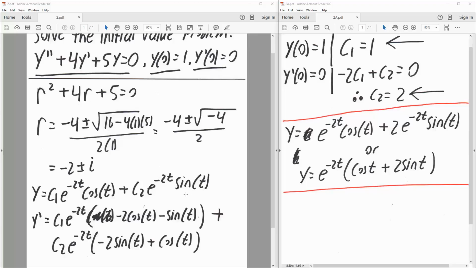But since we're given the initial values, we can actually get the values of c1 and c2. The next thing we're going to do is get the derivative of y.